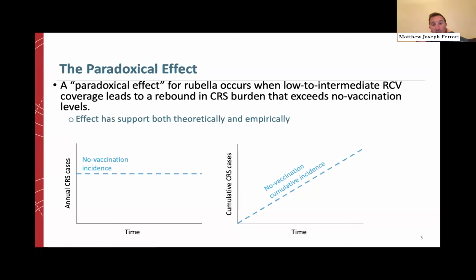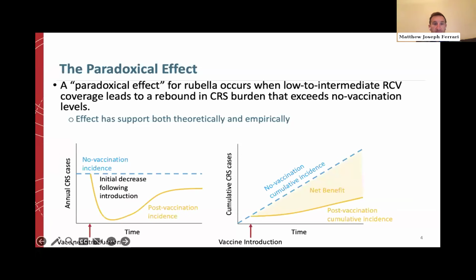To introduce this, we can start with the estimate of current annual incidence in a no vaccination setting, which is shown at the left. And we can see the corresponding cumulative incidence over time in the graphic at the right. This is just a schematic graphic here.